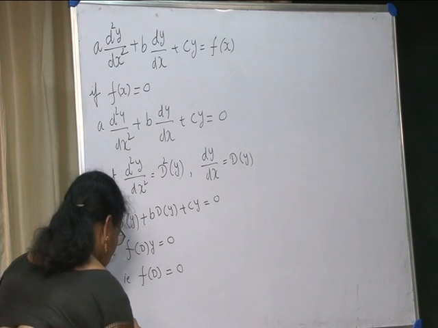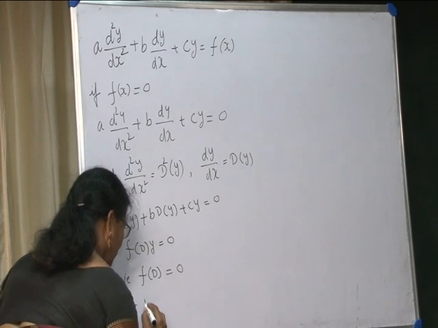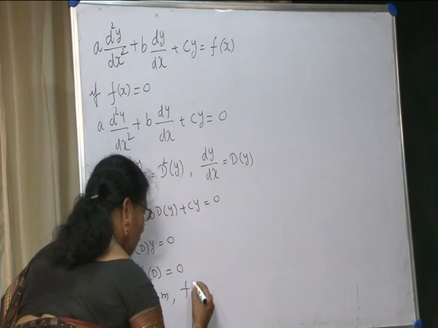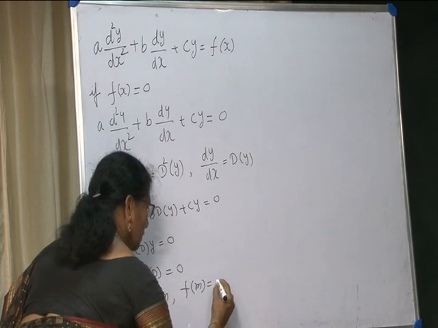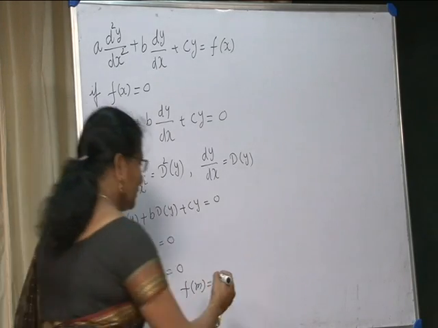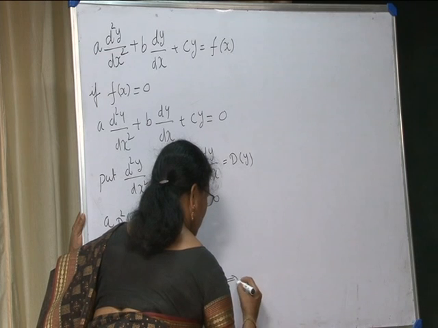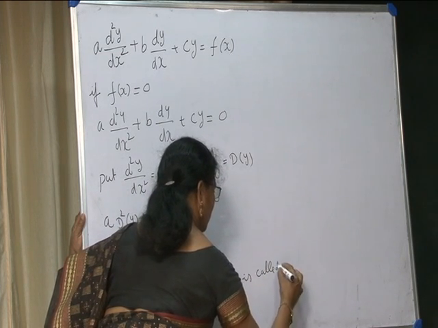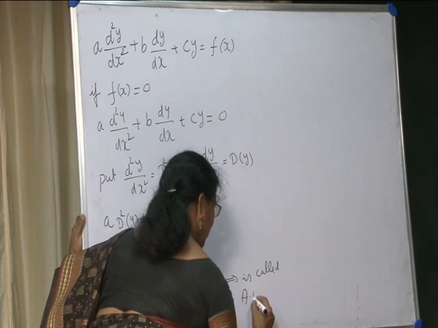Put d is equal to m, then f of m is equal to 0. This is called the auxiliary equation.